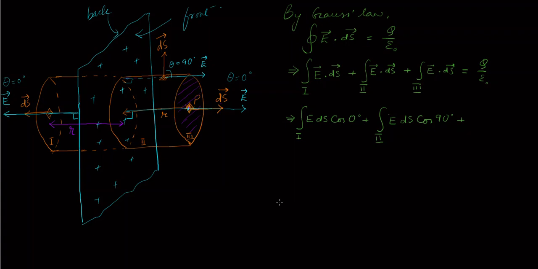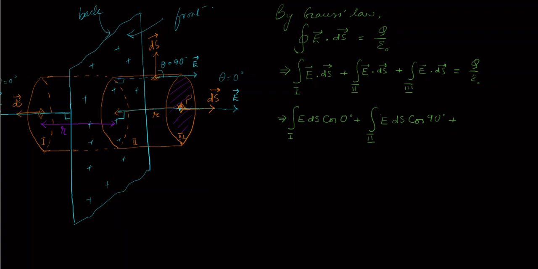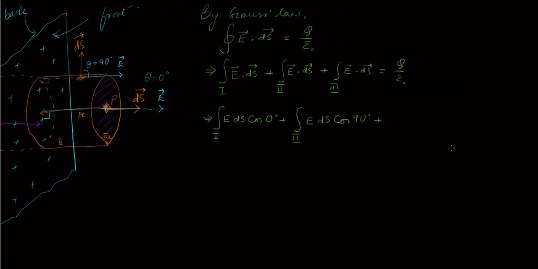Plus, in region 3, E ds cos, again region 3, the angle is 0 degree. This is equal to q by epsilon naught.